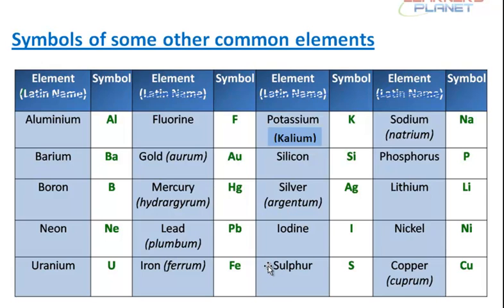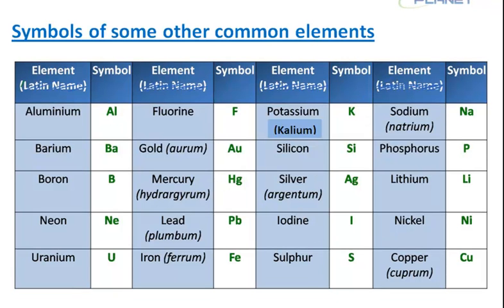Sulfur, the first letter of the name. Sodium, its symbol is derived from its Latin name natrium, that is Na. Phosphorus, it's the first letter of its name, P. Lithium, it's again Li. Nickel, its symbol is Ni. Copper, the symbol is derived from its Latin name, cuprum. So these are some common elements, right?